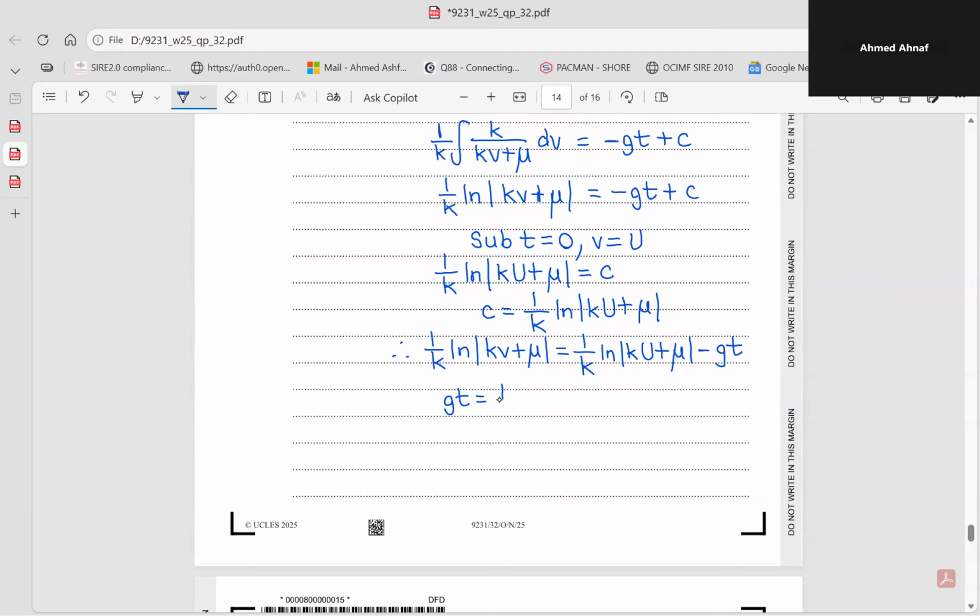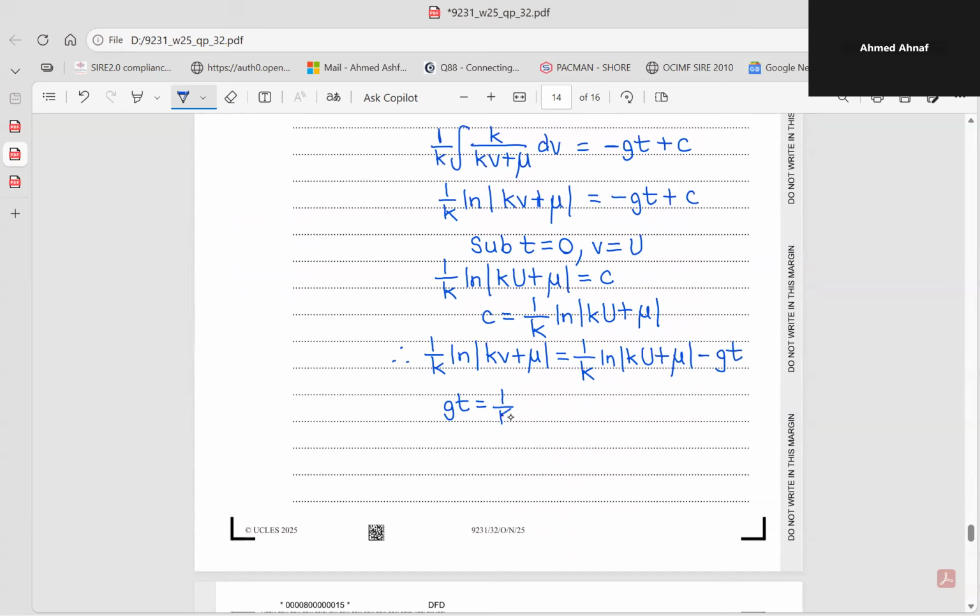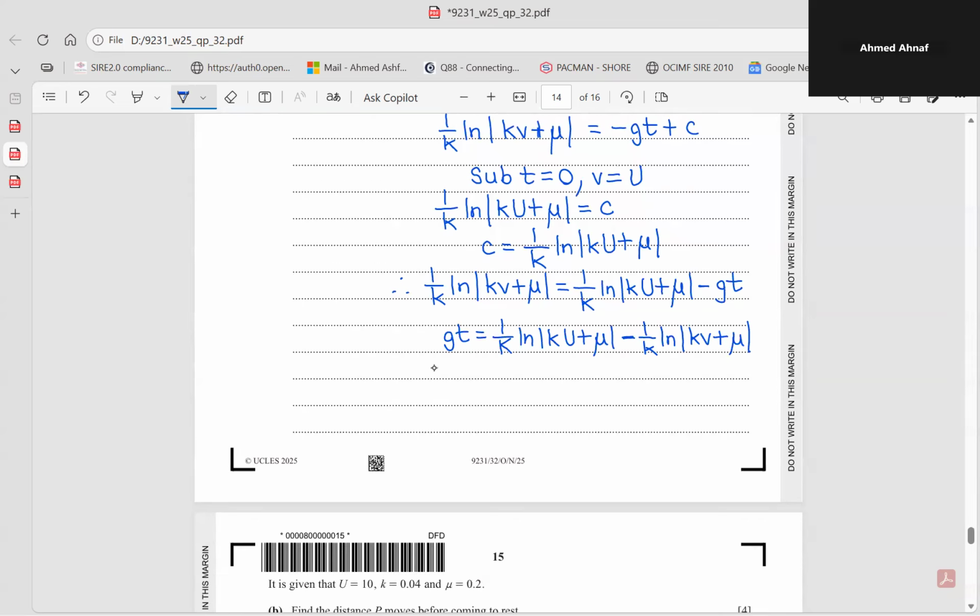Doing that, gt is 1 over k ln k big U plus mu, minus 1 over k ln kv plus mu. Then gt is just going to be 1 over k ln of k big U plus mu over kv plus mu.